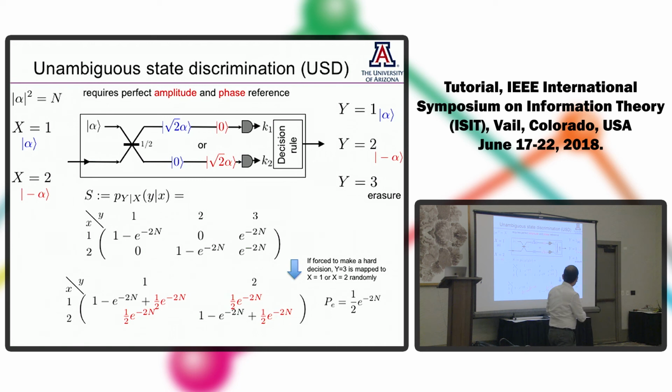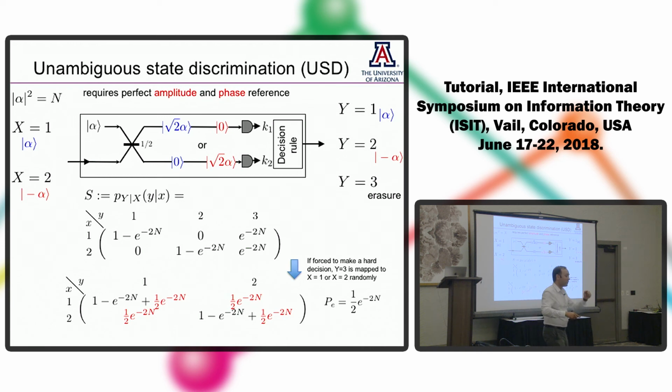A very simple way to design such a receiver for BPSK is the following. I think this was proposed also by Masahiro and some others in a paper in the early 2000s, but I don't remember the reference. So what you do is you take your pulse here, and this input is either alpha or minus alpha. You don't know which one it is. But you mix that with a fixed alpha.